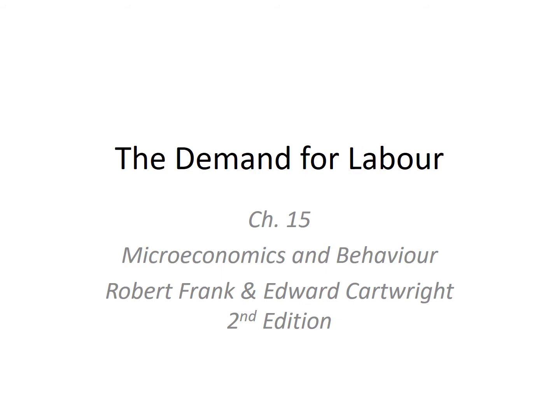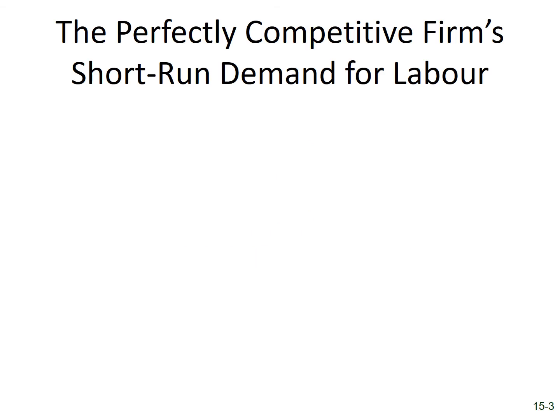So we're going to assume that the firm is hiring workers at a given wage W. And the firm is trying to determine what will be the optimal level of that input of labor that it wants to use in order to produce a given level of output. We're going to start out by studying the situation of a perfectly competitive firm in the short run.